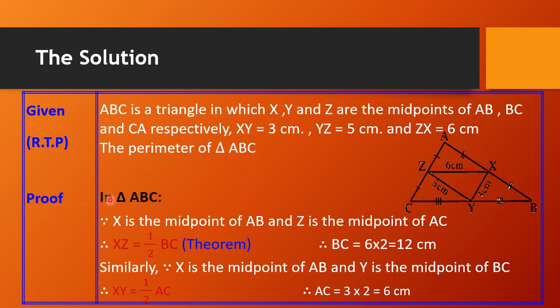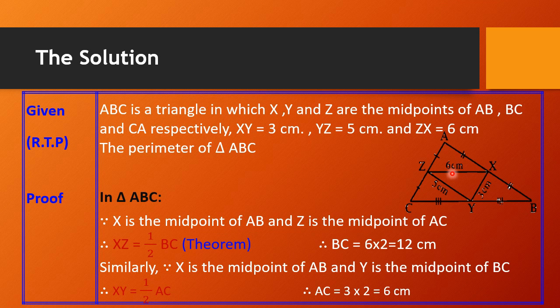The proof. In the triangle ABC, since X is a midpoint of AB and Z is a midpoint of AC, then XZ equals half BC, then BC equals 2 times 6 equals 12 cm.